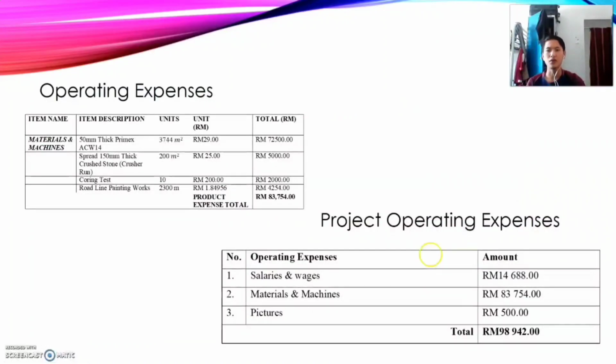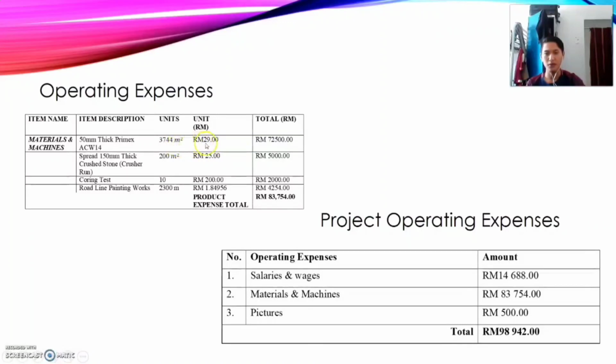Now we go to the operating expenses, which is we must calculate or summarize the total expense of the project, which is materials and machine. We know we use thick Premix in units 3,744 square meters, and the price per unit is 29.